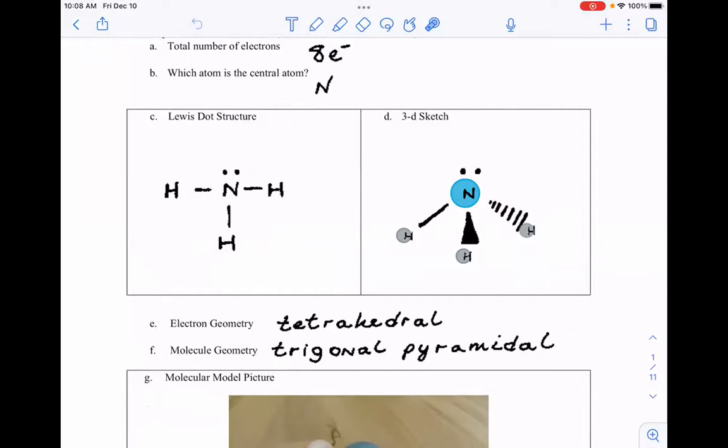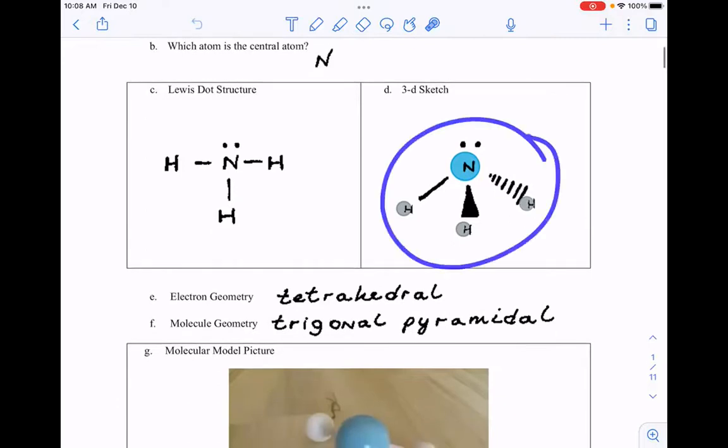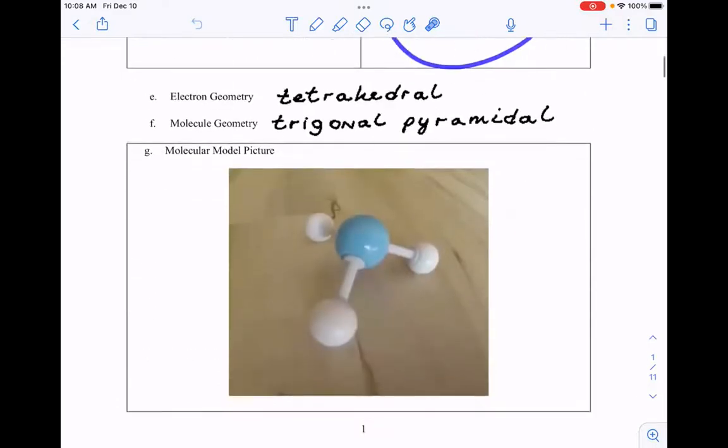If it's not fluorine, oxygen, nitrogen, or carbon, then we have to calculate its formal charge to determine whether or not we need double bonds or triple bonds. After that, we're going to do a 3D sketch, describe the electron geometry and the molecular geometry, identify bond angles, and then work with the molecular model picture.